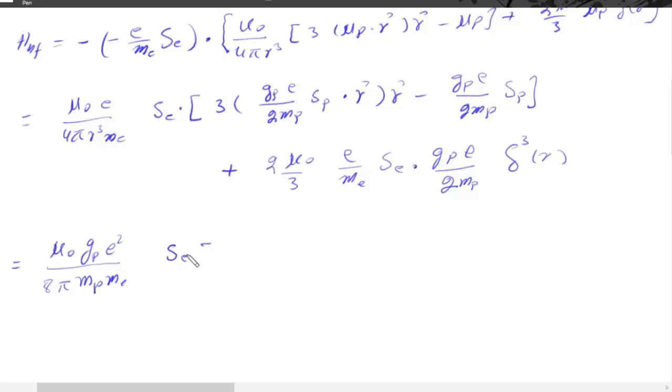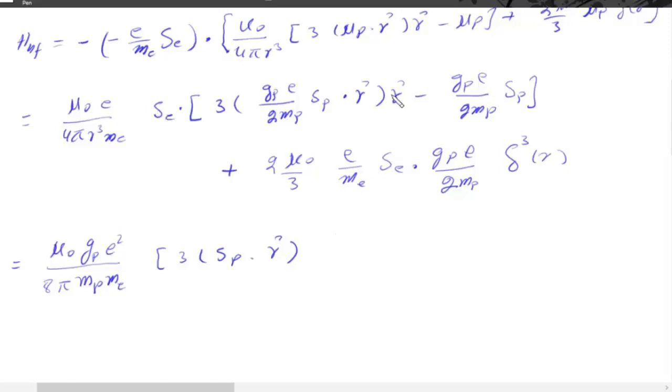Now we multiply this by this term, then we get 3 S_p · r̂, and S_e · r̂, minus, taking the common terms, S_p · S_e.